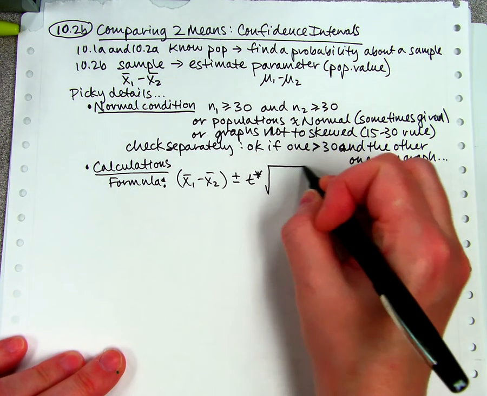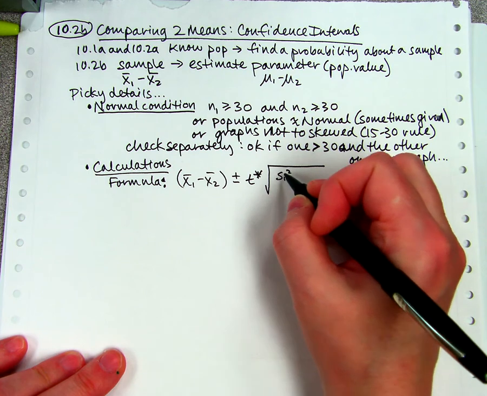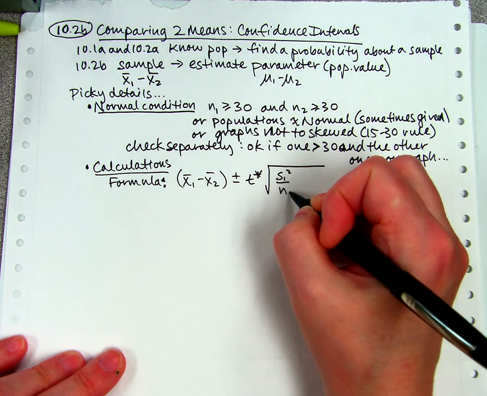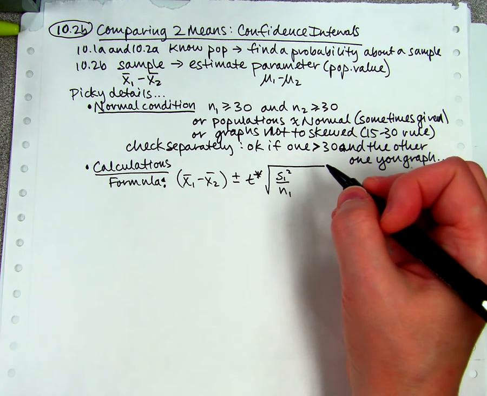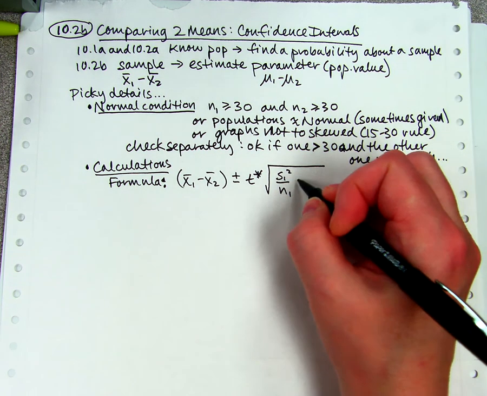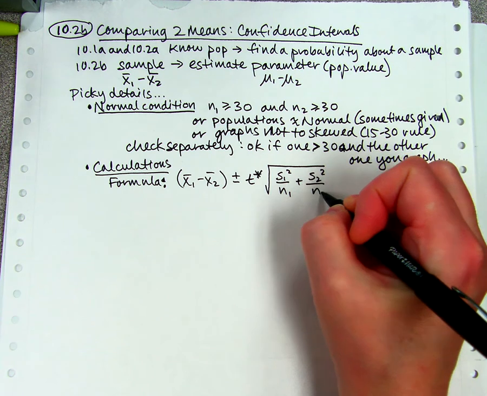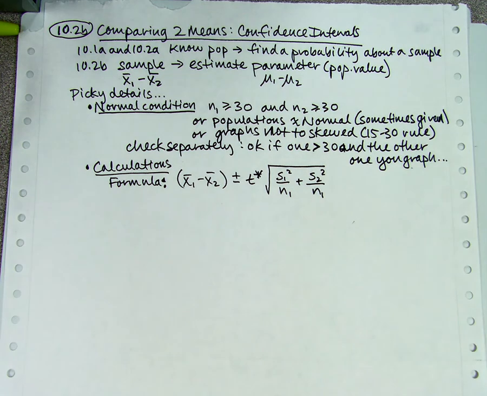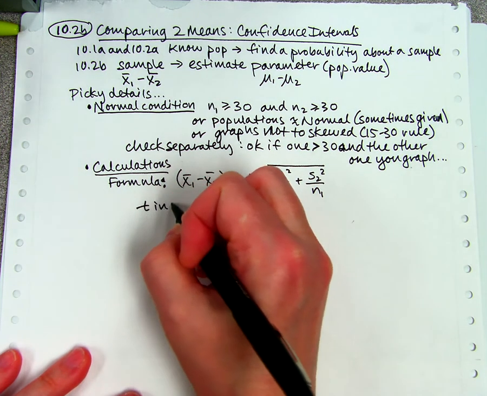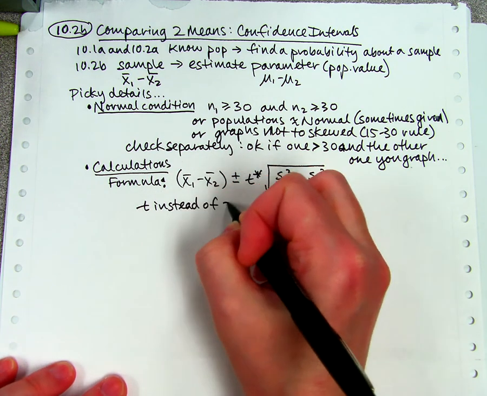If we were in class, I would ask you why, and you would tell me. And then this is the S squared over N. It's kind of like the formula we saw in 10.2a with sigma, except it's S now because we don't know the population standard deviation usually. So when we're working with samples and trying to predict the population, we usually have to use S. That is why we are using T instead of Z. That hopefully should not surprise you because you've seen that before too.